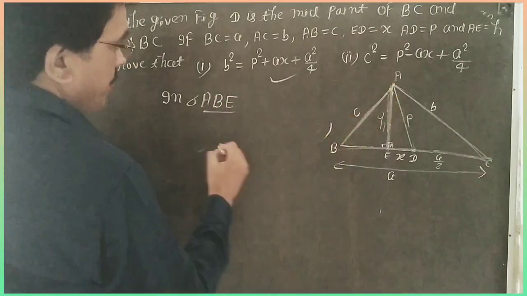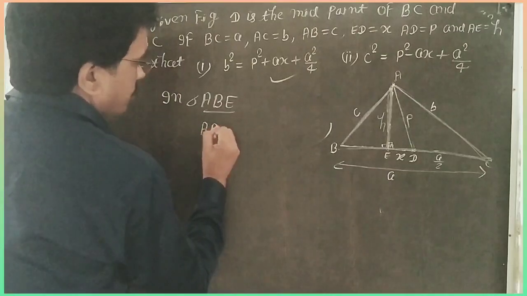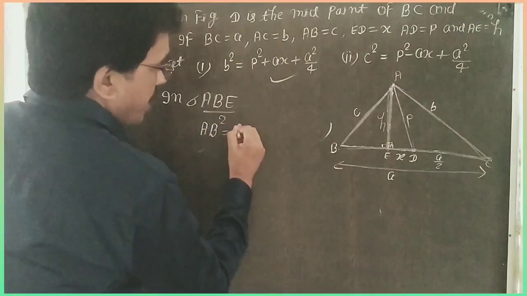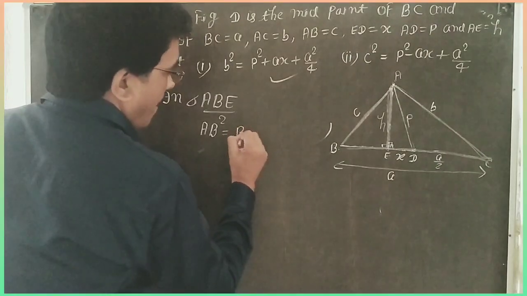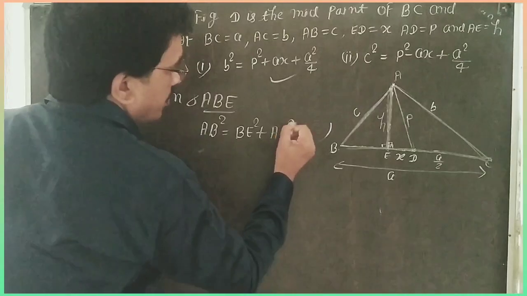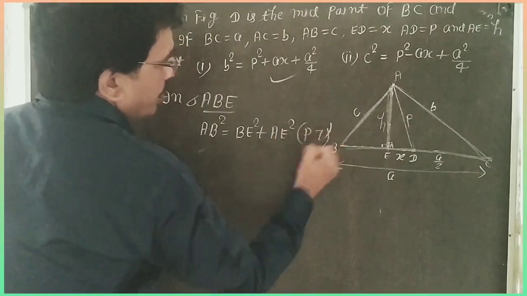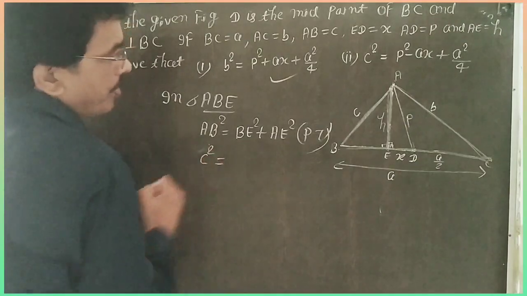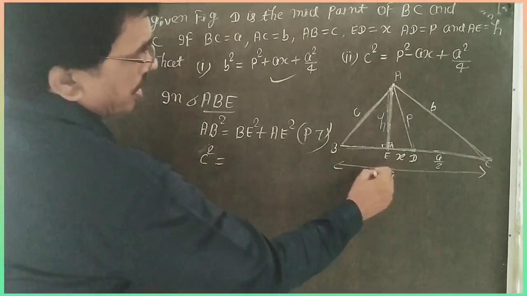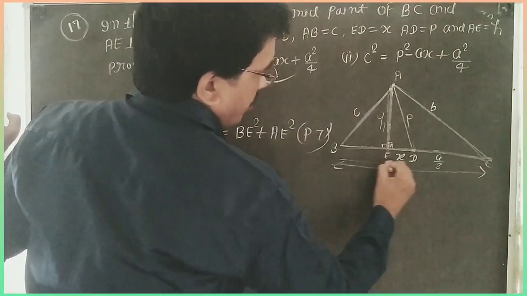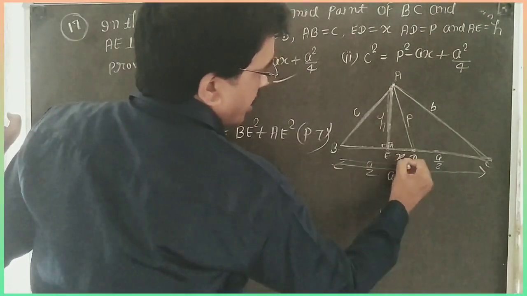C, that is AB. So we write AB square is equal to BE square plus AE square. Again it is also Pythagoras. Hence AB is equal to c square. BE is a by 2 and it is x.